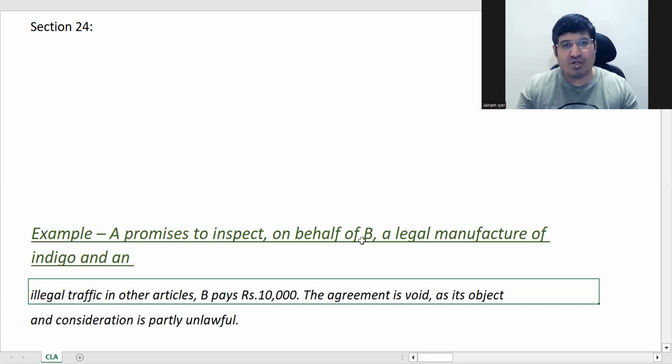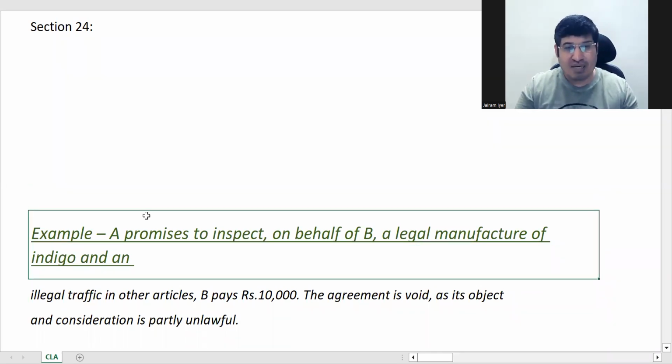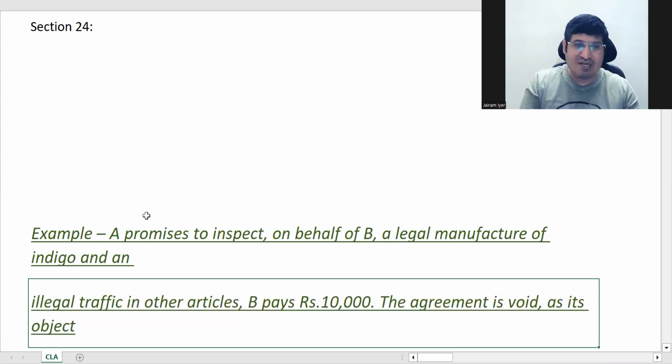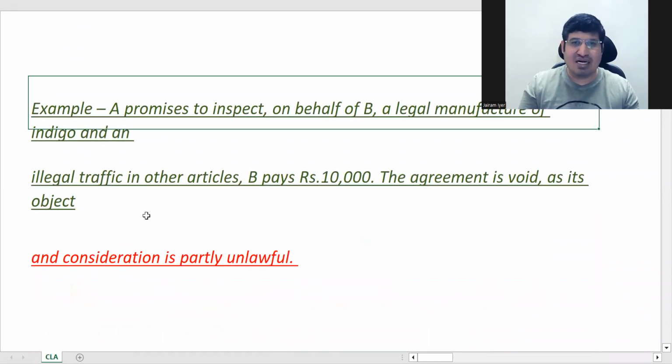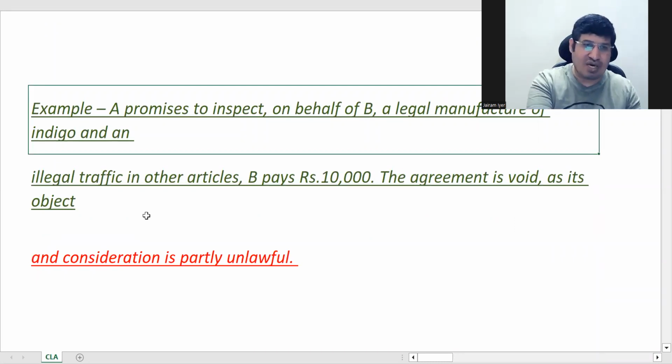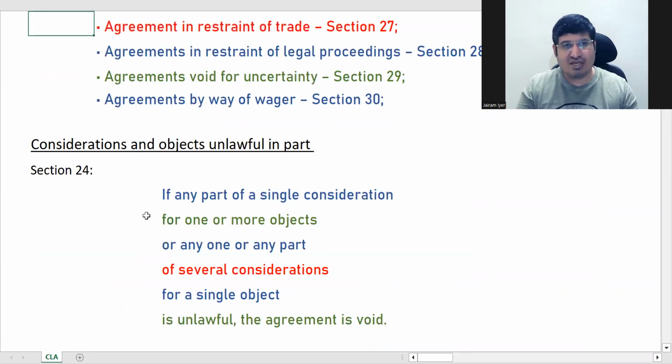You should know who is the employer, who is the employee. Whenever it is in passive, as in this case, sometimes you might get it wrong. So A promises to inspect on behalf of B, a legal manufacturer of indigo and an illegal traffic in other articles, and pays 1/10,000. Correct? Agreement is void as consideration is partly unlawful. Okay. Fine. Got it?